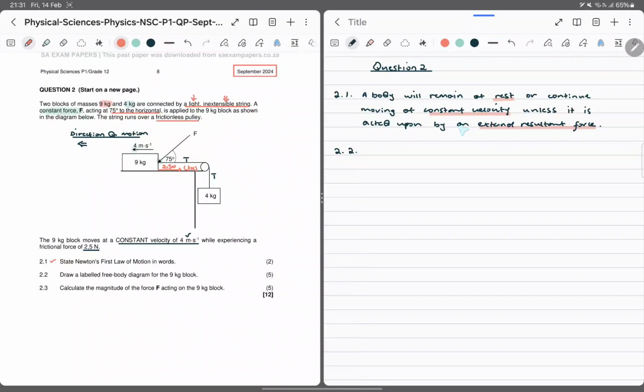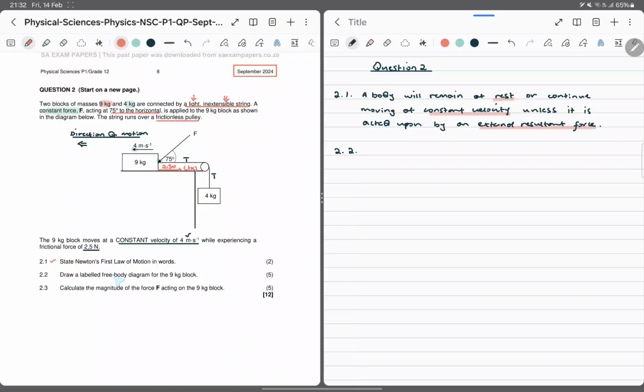The very first bulk of the statement is suggesting that the resultant force for Newton's first law to apply must be zero. The moment there's an external resultant force, then Newton's second law kicks in. So these two are almost inseparable, because once we talk about an external resultant force, we're already suggesting Newton's second law will kick in should there be such a situation.